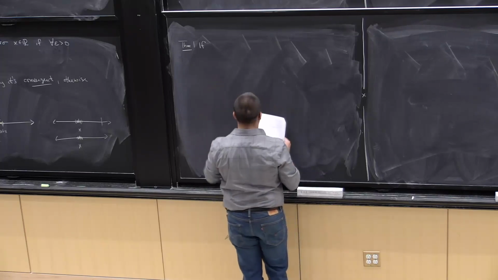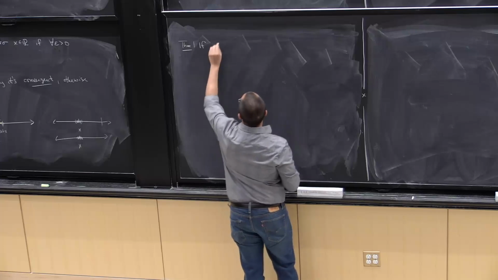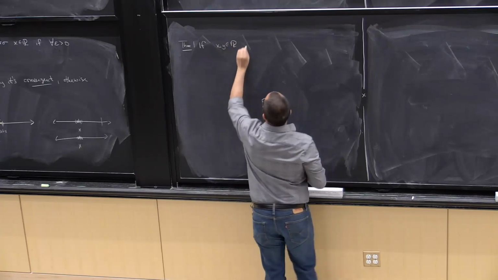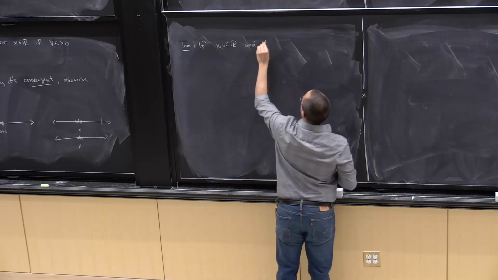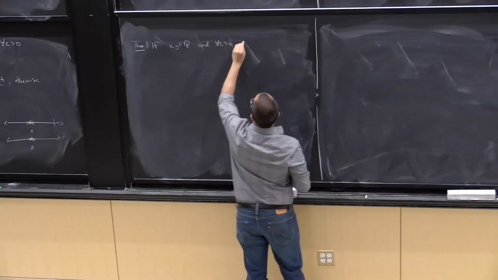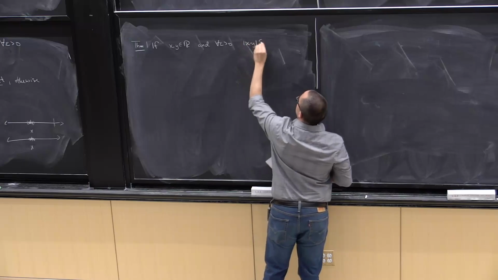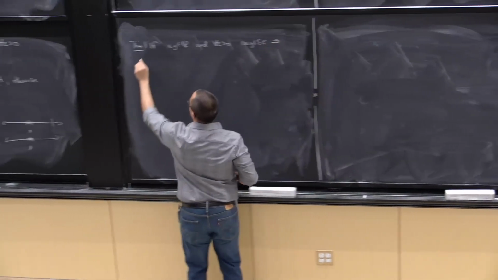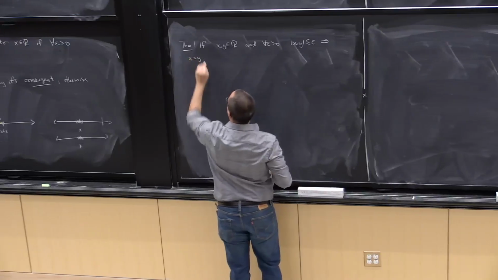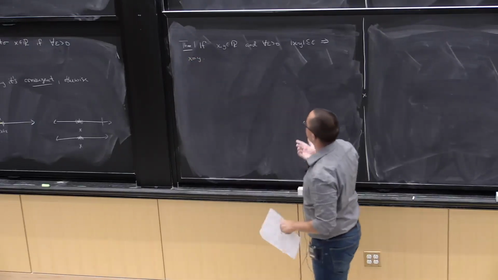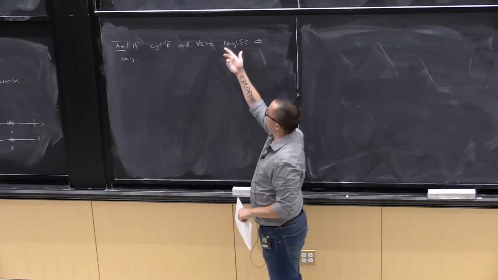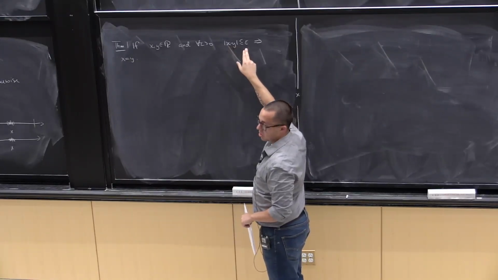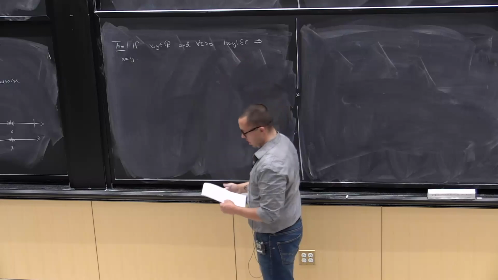So the first theorem that I'm going to state is if x and y are in R, and for all epsilon positive, the absolute value of x minus y is less than epsilon, then x equals y. This is not a surprising statement. If I have x and y and the distance between them is arbitrarily small, then they have to be the same thing. Okay?